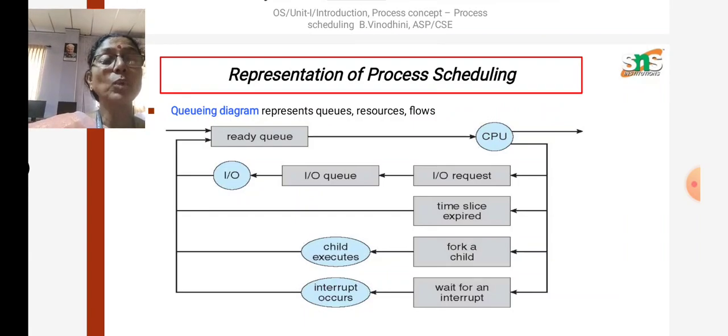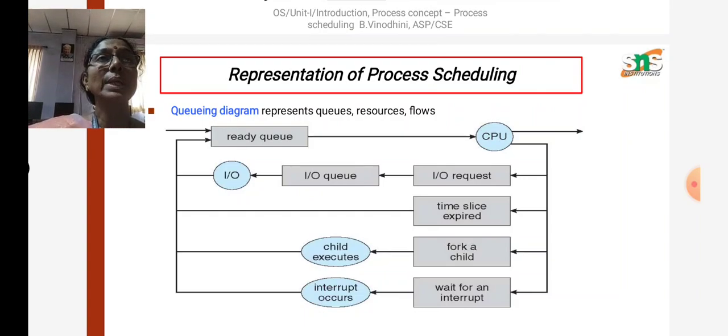After the I/O request is completed, the process goes to the ready queue, not the running state. In round robin, each process has a common time slice for execution. When the time slice expires, the process is forcibly moved out of the CPU and goes to the ready queue.